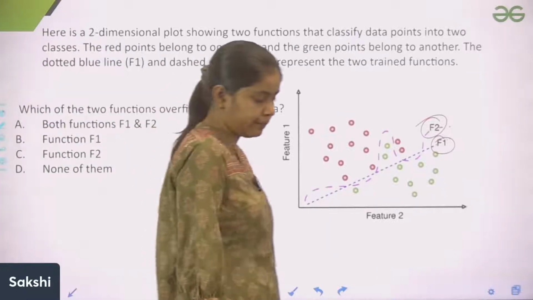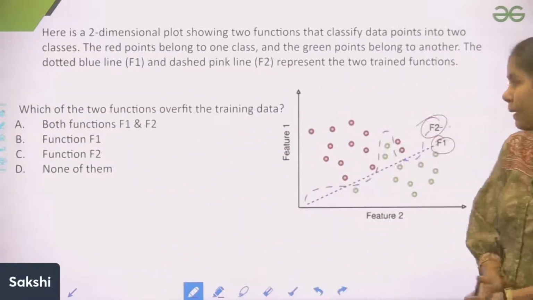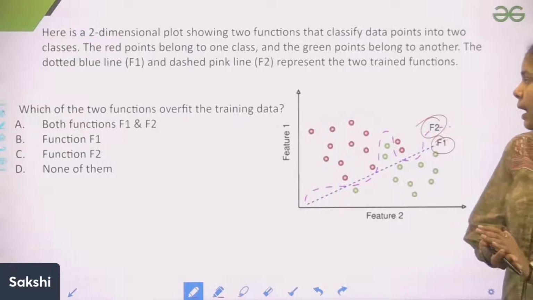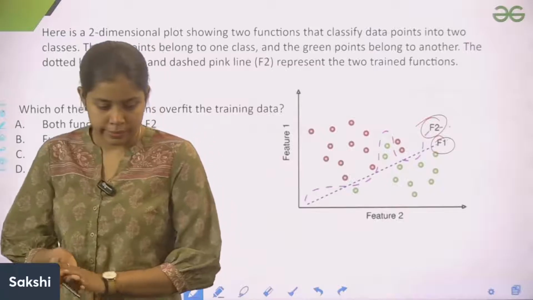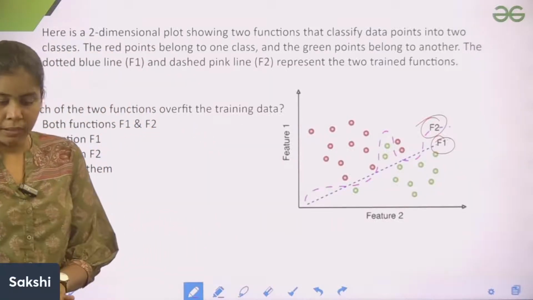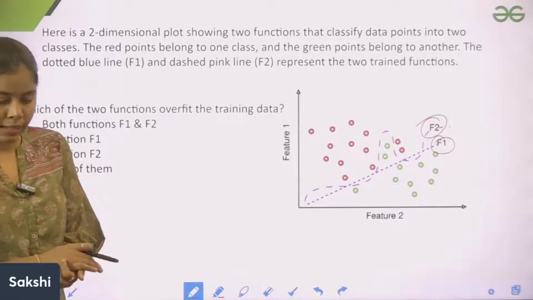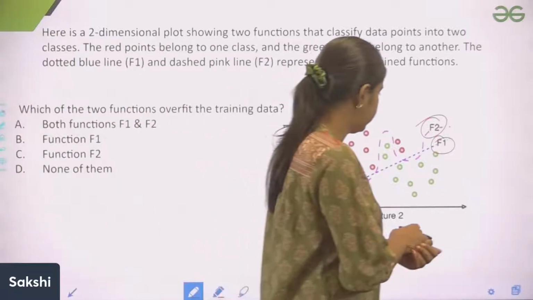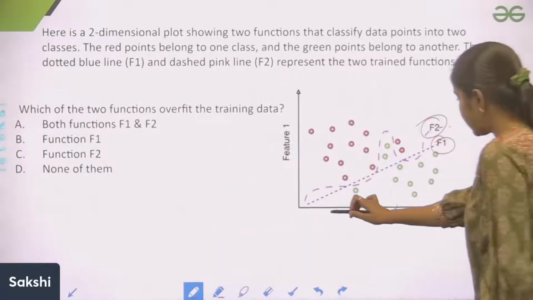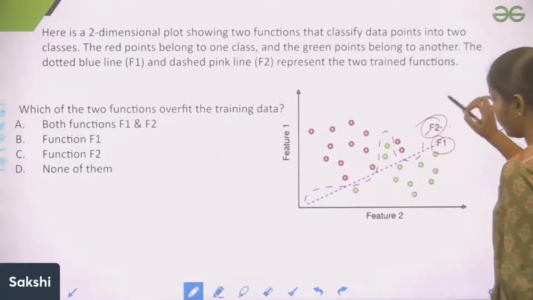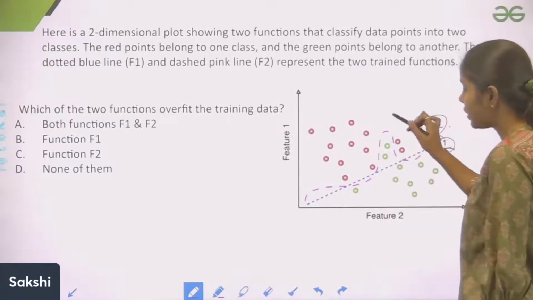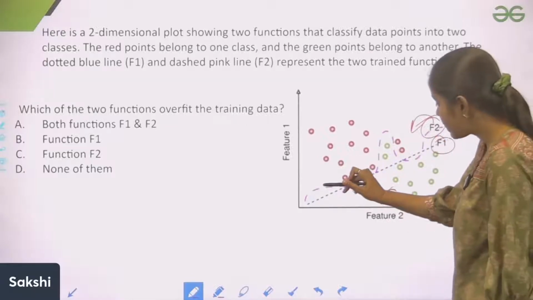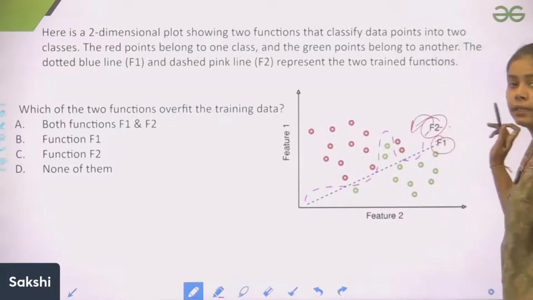This is simple. Tell me guys, out of F1 and F2. Right, Azam. Anybody else guys? Anybody have any idea? So guys, see, this F1 is a straight line and F2, what is F2 doing? F2 is working on the training data in such a way that it is perfectly fitting my training data, right?